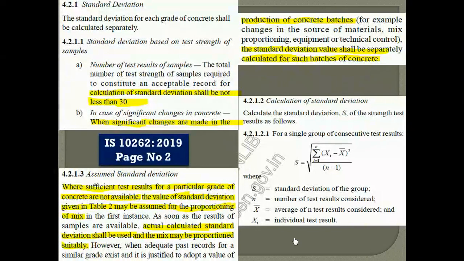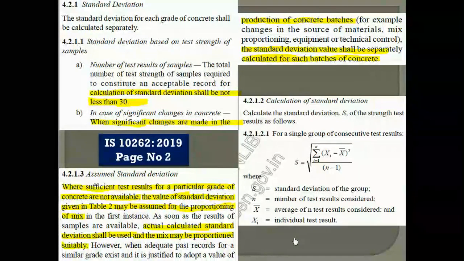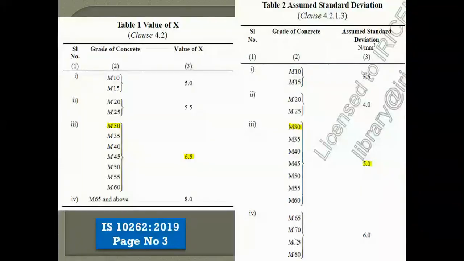These are some of the things in the codebook to find the standard deviation. Sometimes it will be given in the codebook. You can see in IS 10262:2019 page number 3, you have the value for standard deviation. That is the assumed standard deviation given by the code itself.